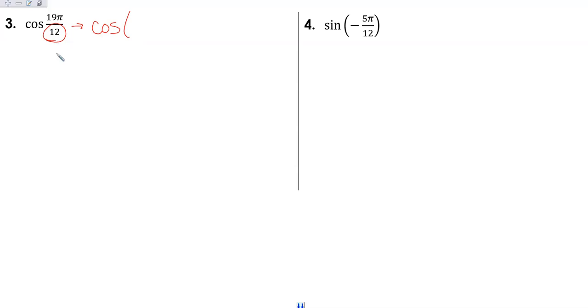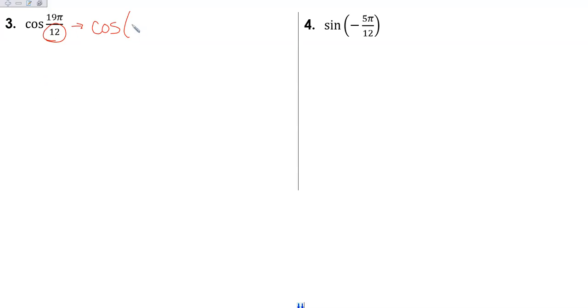If we look at our unit circle, all of our denominators for our radian angle measures are either 2, 3, 4, or 6. So we want to make sure that whatever our numerators are, we can reduce with 12 to get to one of those. Again, we want it to be 2, 3, 4, or 6.